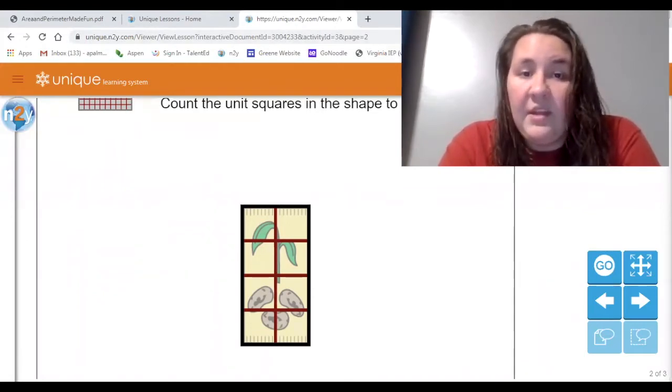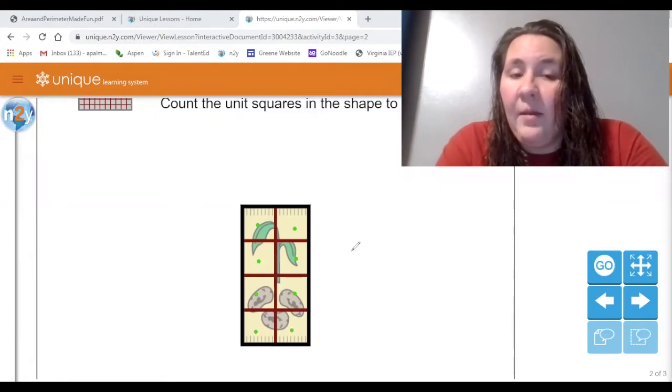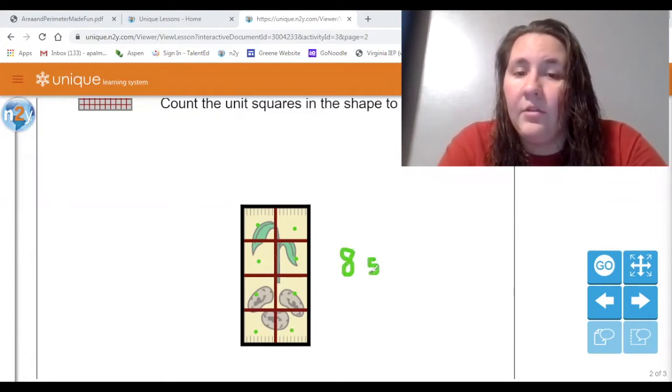For this example, remember when we're counting, we're going to put our dots inside to count. 1, 2, 3, 4, 5, 6, 7, and 8. So area for this example would be 8. And then remember we write it square units.